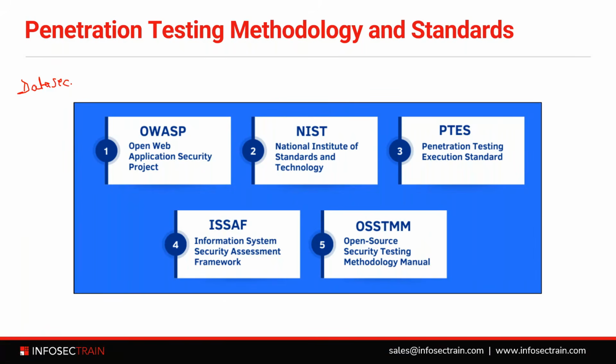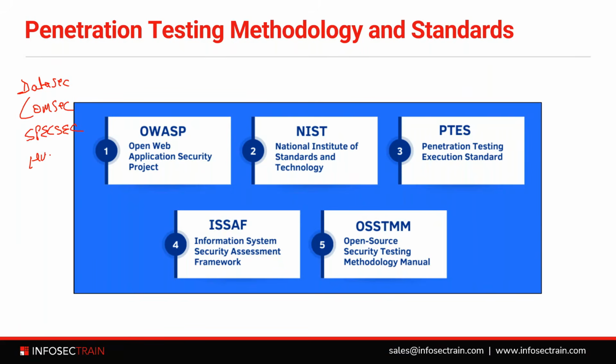DataSec, that means data networks, wired infrastructure networks, protocols and services. ComSec, that means telecommunications, voice and digital communication systems, right? Like VoIP. SpecSec, that is wireless, Wi-Fi, Bluetooth, radio frequency, and other wireless technologies.